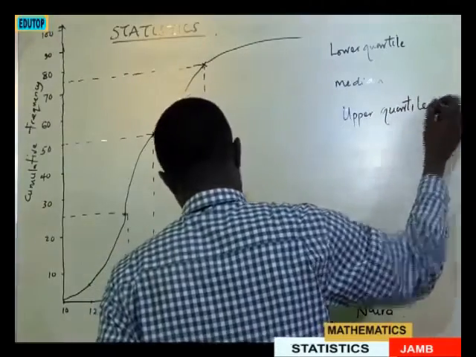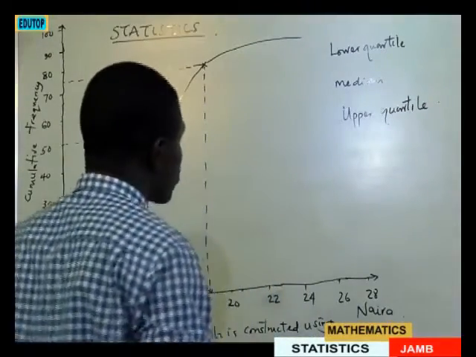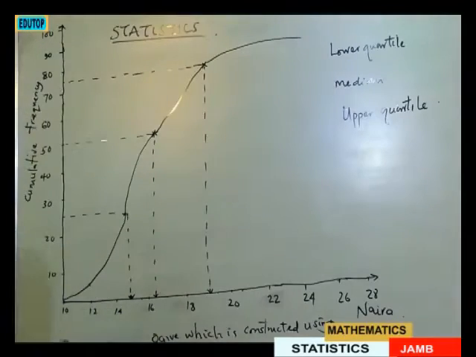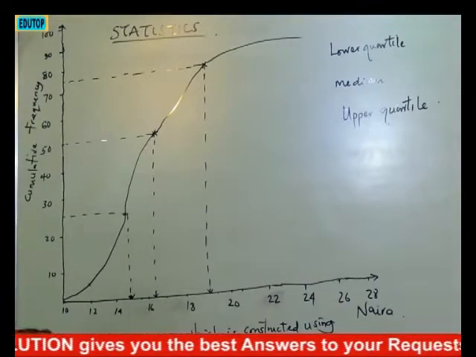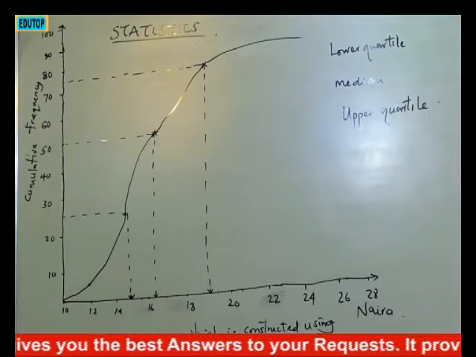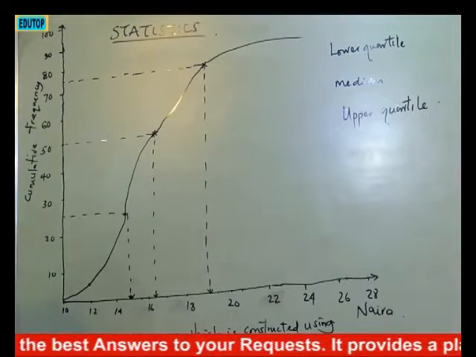And since the OGIF is constructed using cumulative frequency, take note of that fact, and you can see that on the board.